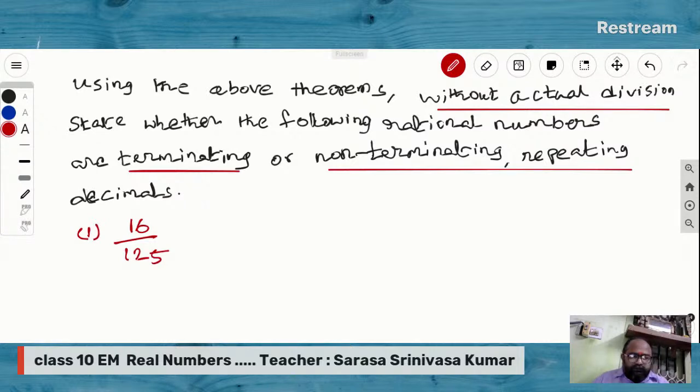So 16 by 125. 125 is 5 cube, 5 times 5 times 5, so 5 power 3.